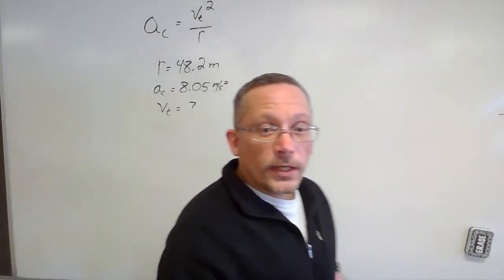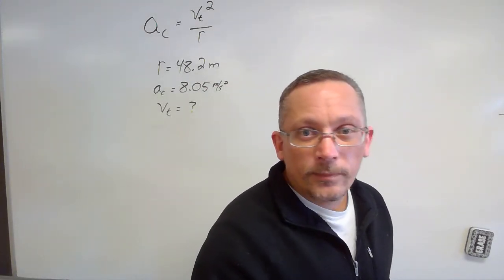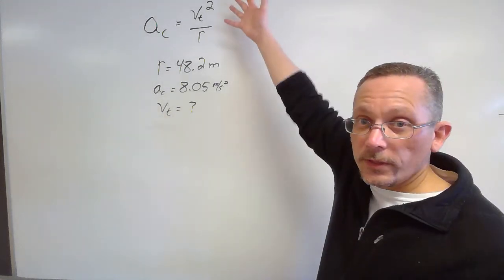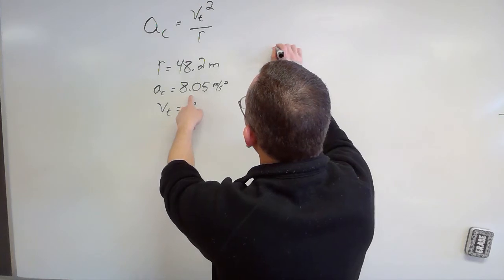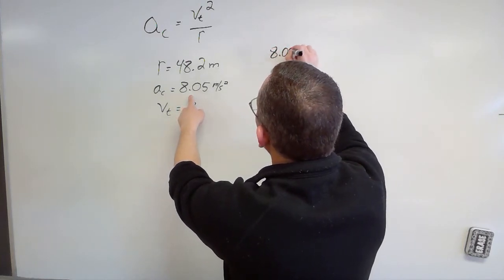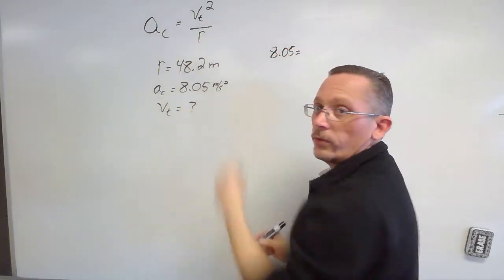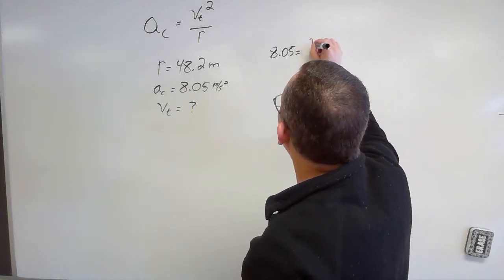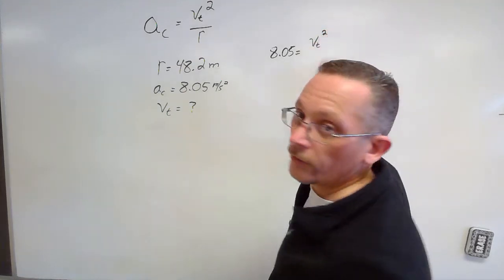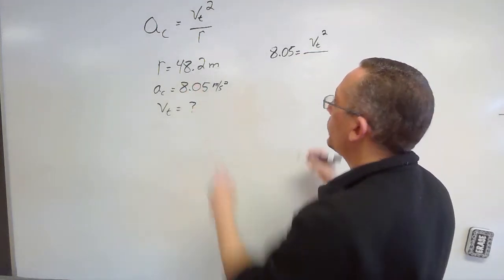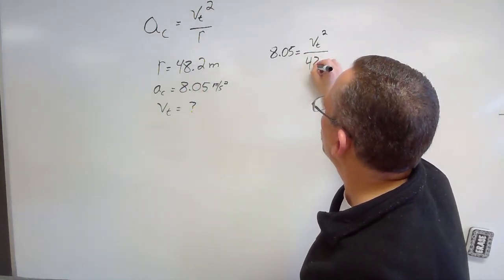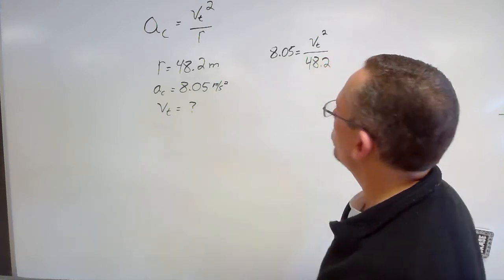Let's go ahead and solve this problem. We'll take these numbers and put them into the equation. a_c I know is 8.05. We don't know v_t, so we'll leave v_t, and don't forget that that's squared. And then r we know is 48.2.